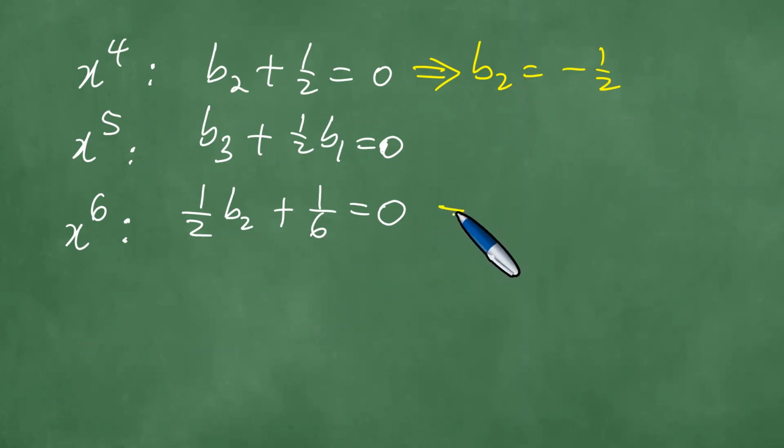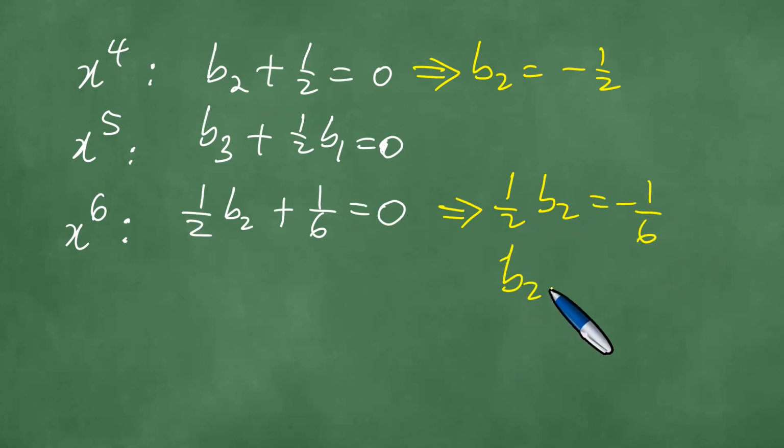And here, it's a funny thing because it results in a problem: B2 equals minus 1/6, and if you cross multiply, B2 is going to be minus 1/3. But B2 here is just minus 1/2.